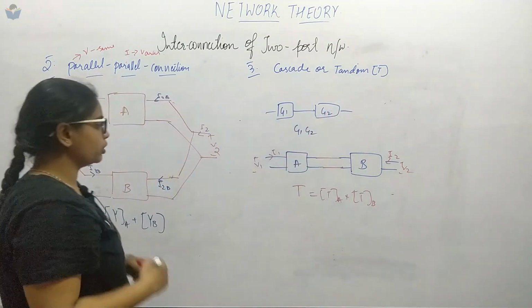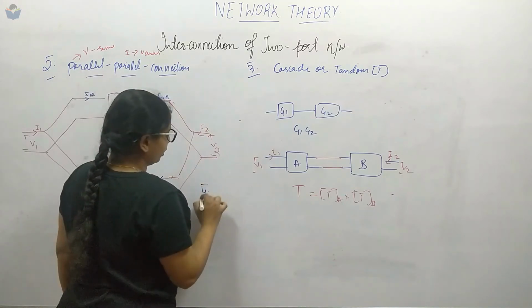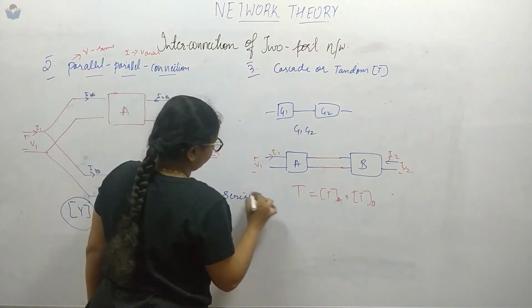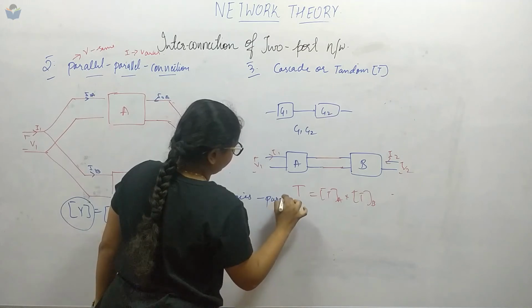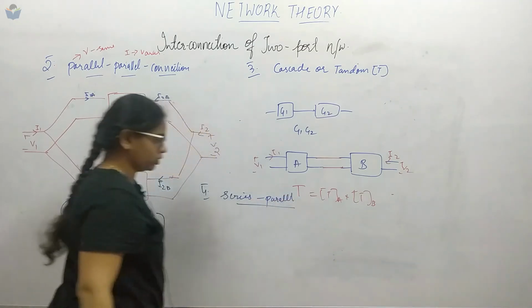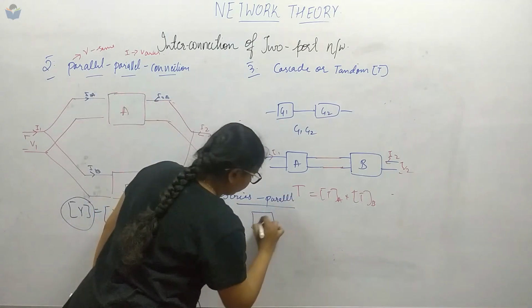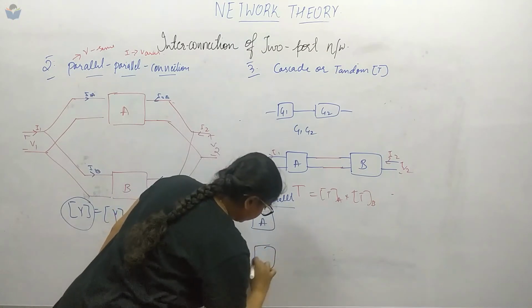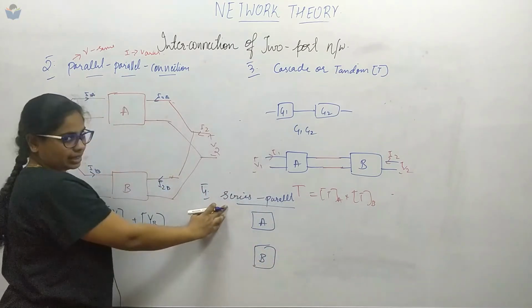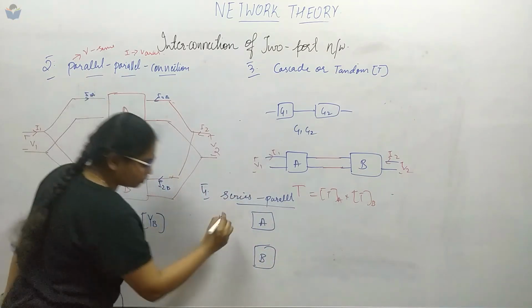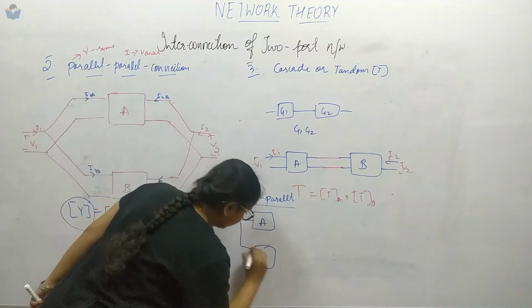Next, coming to the fourth one, which is not so important, that is series-parallel connection. Same thing, we have A and we have B. If it is series, then these arms will be connected in series.